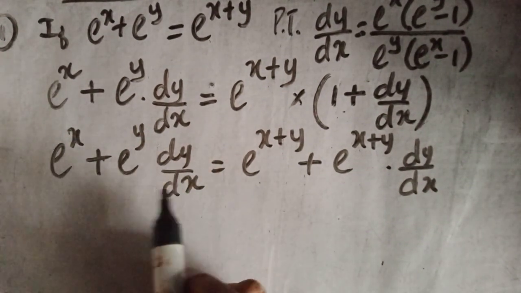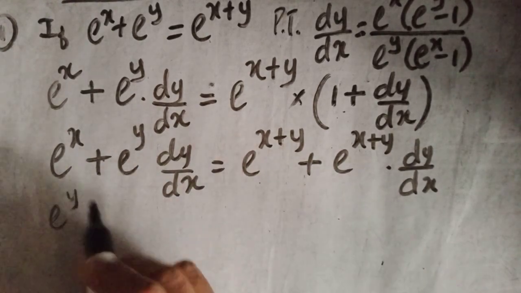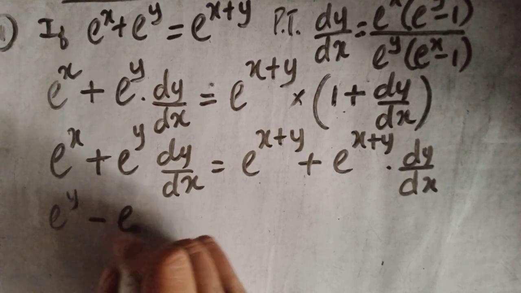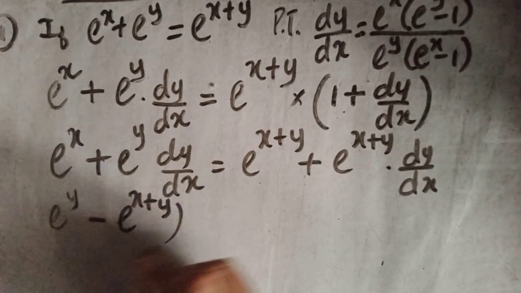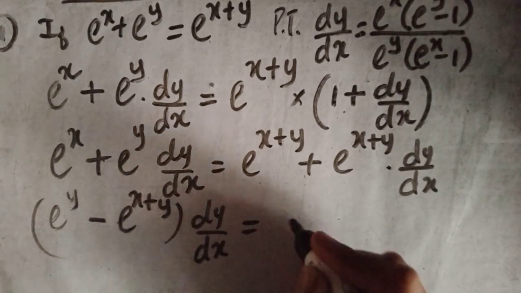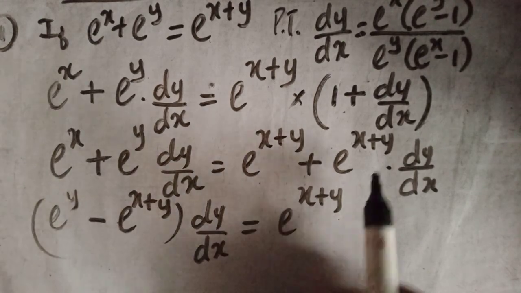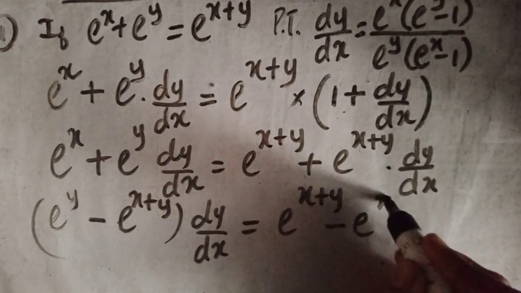So this is e raised to y, and if we take this term to this side, then it will be minus e raised to x plus y dy by dx equal to e raised to x plus y, and this term I'm taking to this side, so minus e raised to x.